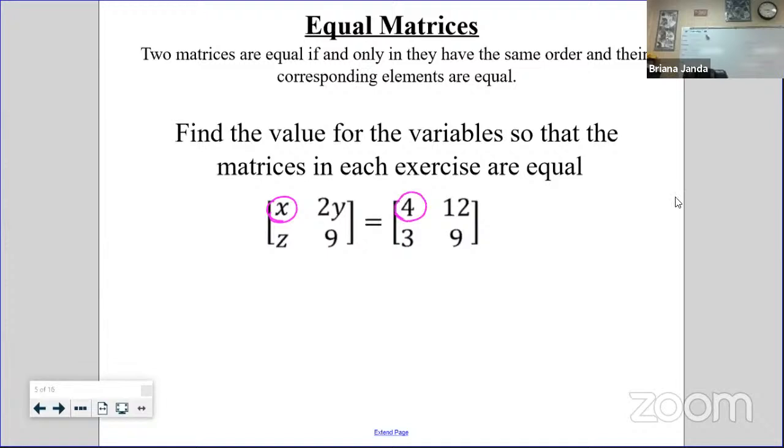Top left would equal your top left. So x would equal 4. Top right would equal top right. So 2y would equal 12, or y would equal 6. And in this one, the only other variable we have is bottom left. Equal elements. Okay, questions?